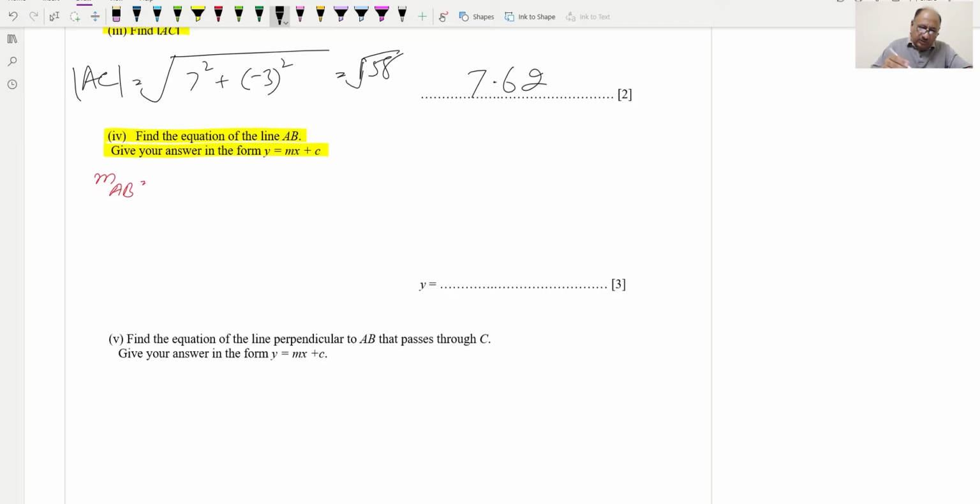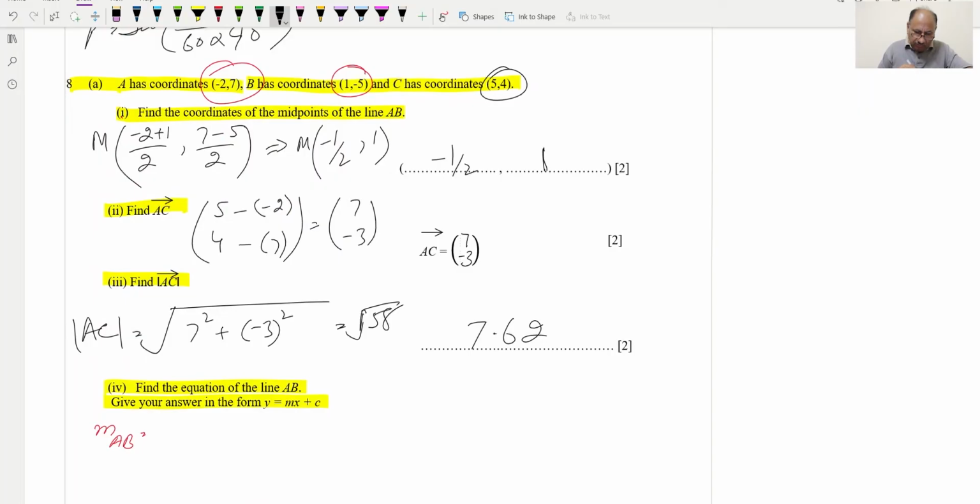AB points we are having, so y2 is minus 5, minus y1, which is 7, over x2, which is 1, minus minus 2, and this is equal to minus 12 over 3, which is equal to minus 4. So minus 4 will be the gradient.